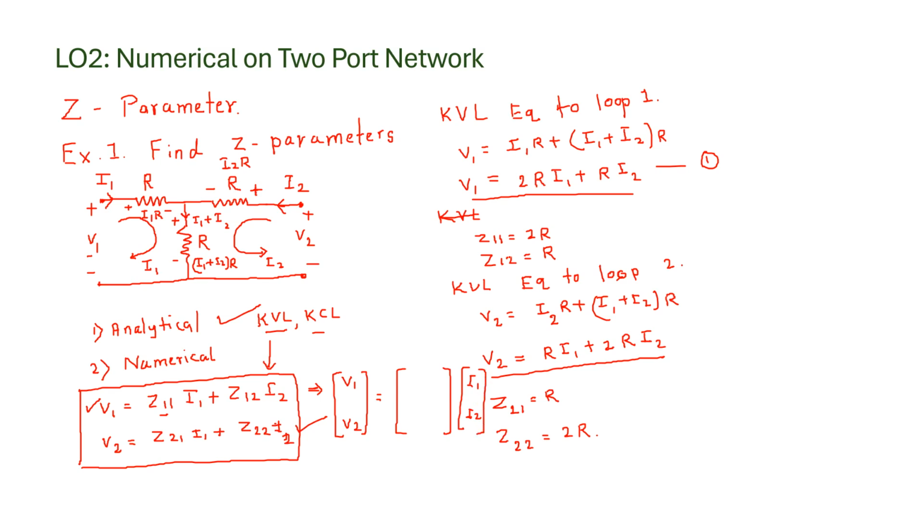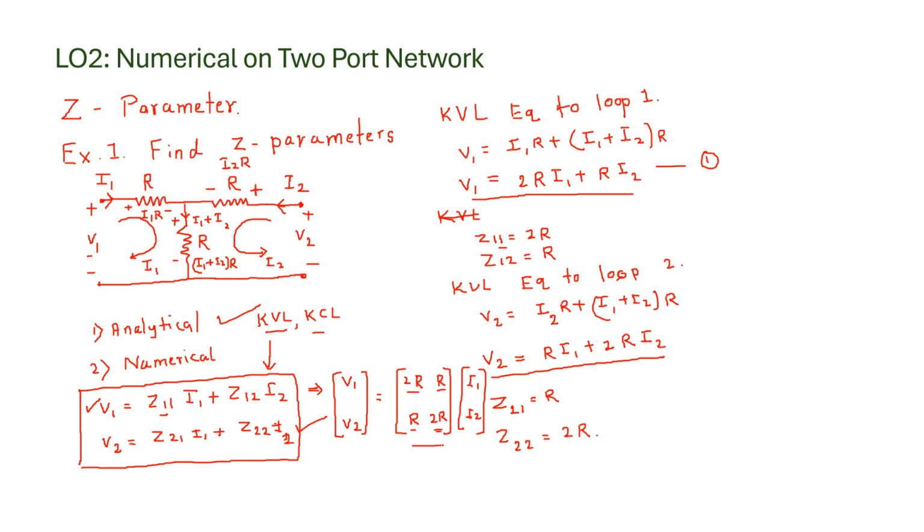So, okay, now Z11 is 2R, so I can write here 2R. This is the Z11 parameter. Then I have Z12 as R, then R for Z21 and again 2R for Z22. So this is Z11, this is Z12, this is Z21 and this is Z22.